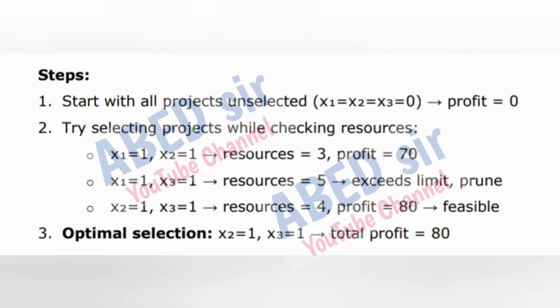Try selecting projects while checking resources. x1 equals 1, x2 equals 1, resources is equal to 3, profit is equal to 70. x1 equals 1, x3 equals 1, resources is equal to 5, exceeds limit, prune. x2 equals 1, x3 equals 1, resources is equal to 4, profit is equal to 80, feasible. 3. Optimal selection, x2 equals 1, x3 equals 1, total profit is equal to 80.